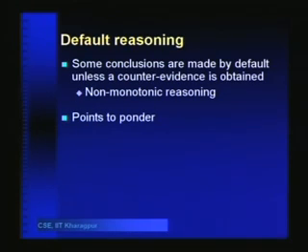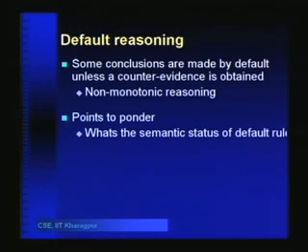Now, whenever we go for non-monotonic reasoning, the points to ponder are: what is the semantic status of default rules, in the sense that default rules are not always applicable, because if you have evidence to the contrary, then you cannot apply the default rule. If you know that one tire is stolen, then you cannot apply the default rule to infer that there are two other tires on that side.